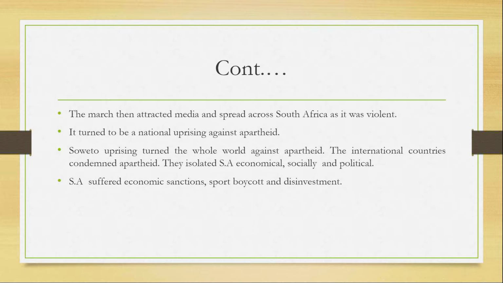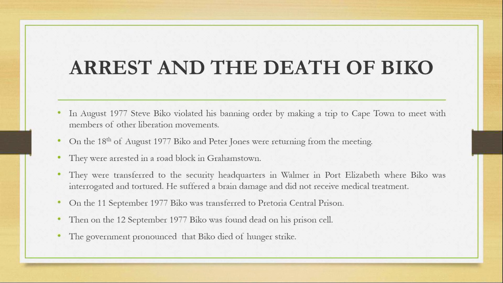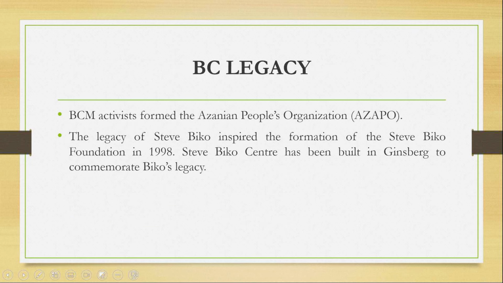Now, when you look at the arrest and the death of Steve Biko, it says in August 1977, Steve Biko violated his banning order by making a trip to Cape Town to meet with members of other liberation movements. So this is about the death of Steve Biko. But looking at the death of Steve Biko, it doesn't end there.